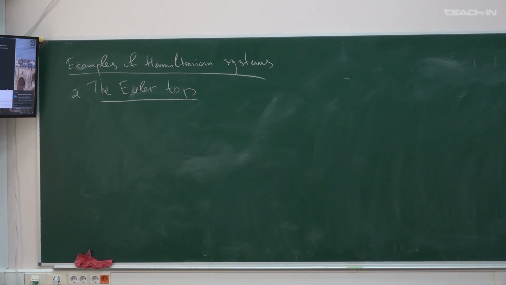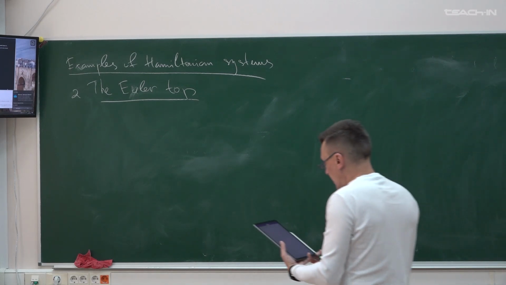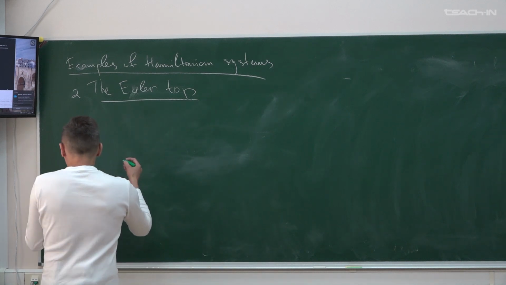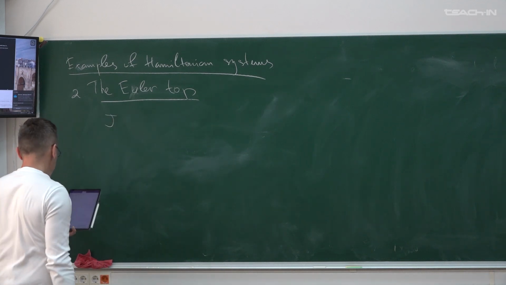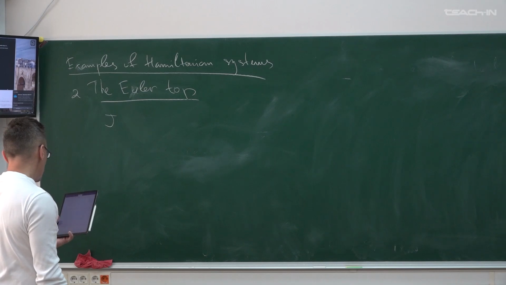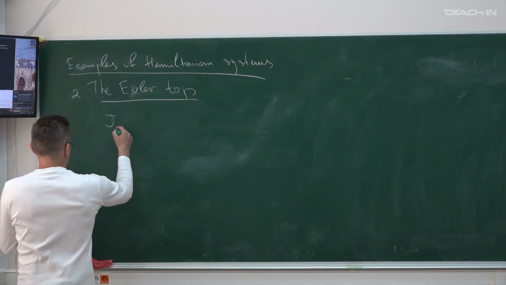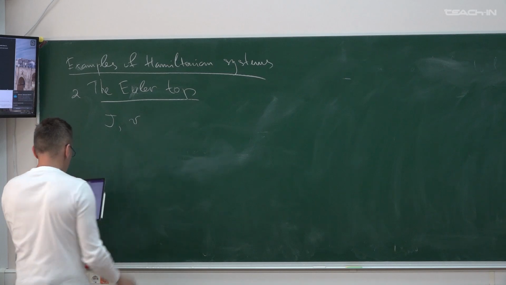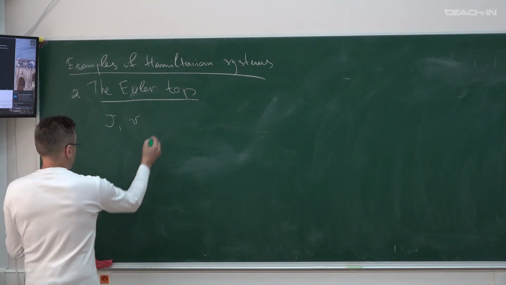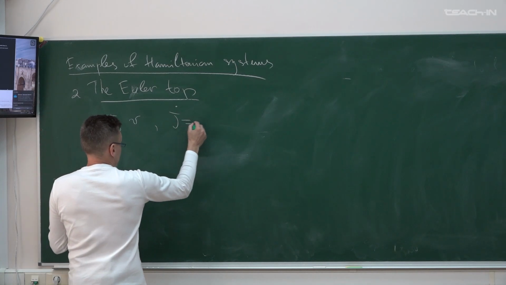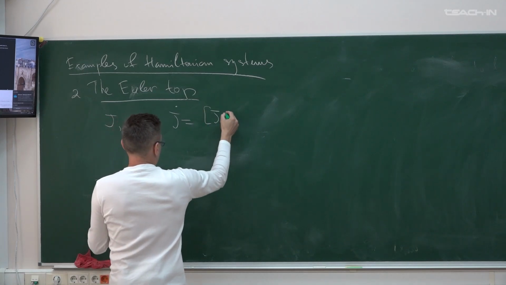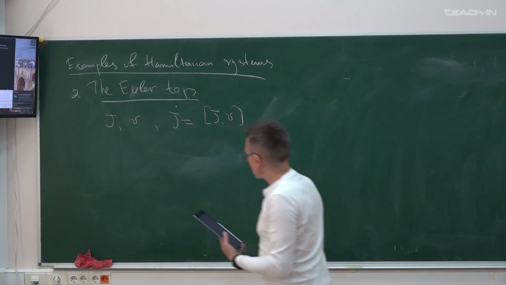You maybe know better than me different tops, even integrable tops, in physics. It is described by the vector which is the angular momentum and by the vector of angular velocity. And the equation is written in this form, where again it is the vector product.